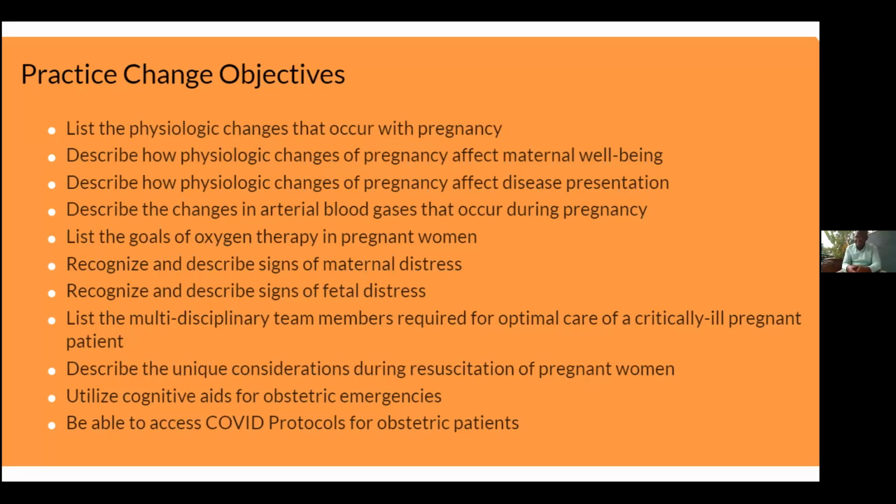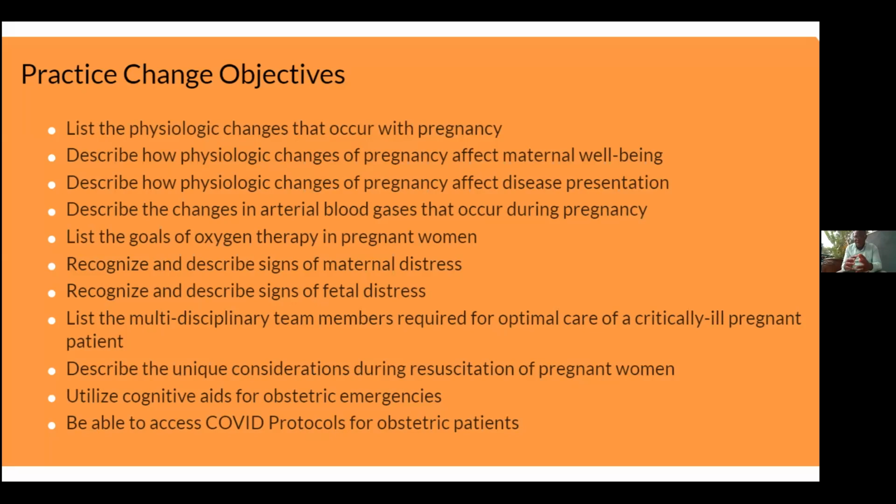In the first part, we discussed physiological changes from the head to the toes, or from A, B, C, D. We can see in the airways changes, which make airway management difficult. So edema, we have a short neck, we have the breasts, which are quite large and can obstruct the laryngoscopy.